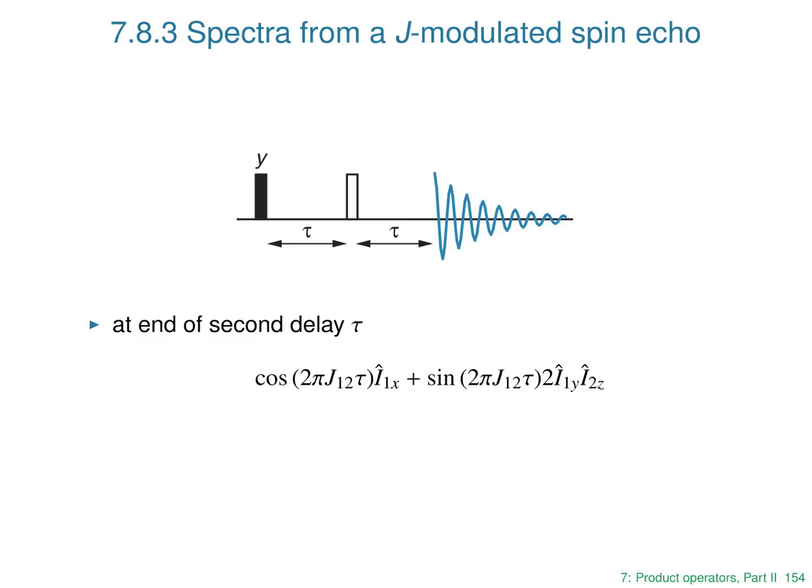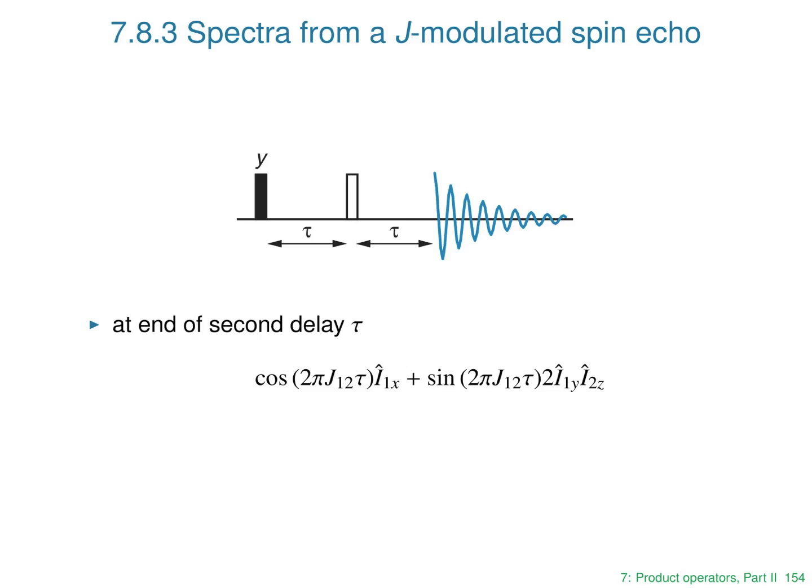So what I'm going to do now is show how you might use this to describe the outcome of a very simple experiment, and that's the J-modulated spin echo. So what I'm doing here is a 90 degree pulse, and then a spin echo, and then I'm going to acquire the signal.